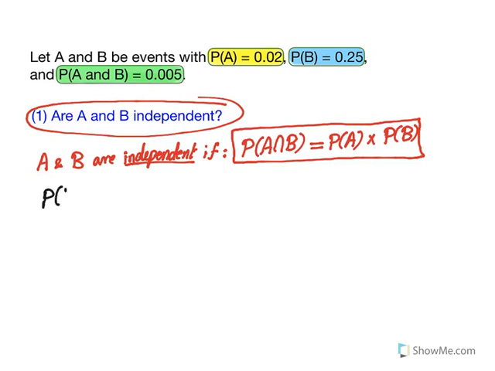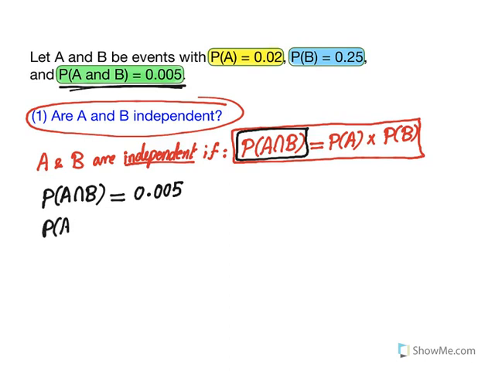Probability of A and B is given to us already. It's 0.005. So we have computed the first part of this equation to check if they're equal. Now probability of A multiplied by the probability of B is equal to probability of A, remember, it's 0.02, multiplied by the probability of B, which is 0.25.